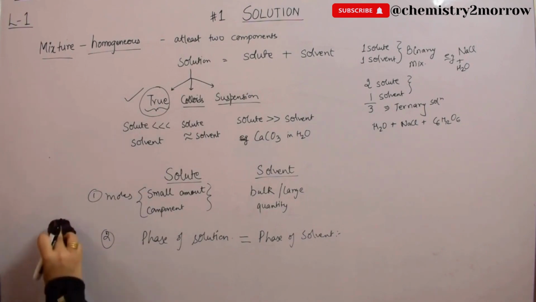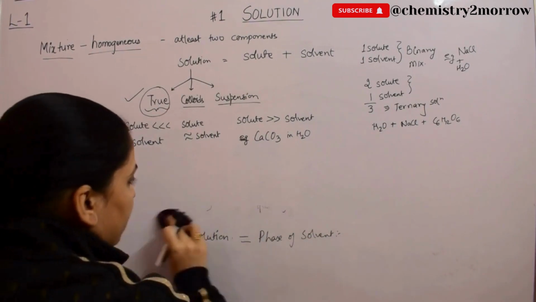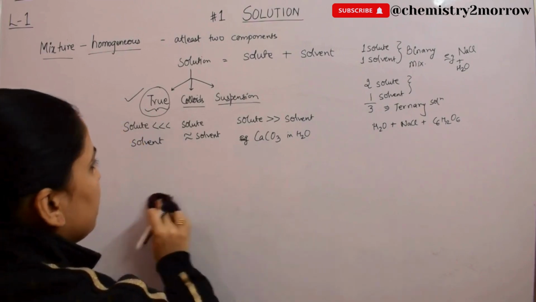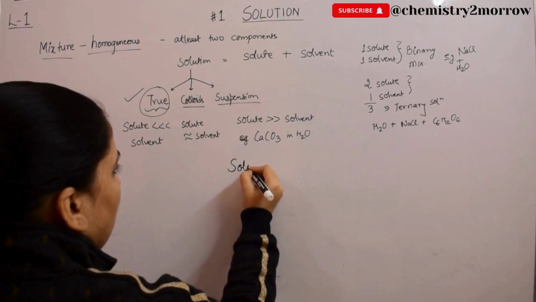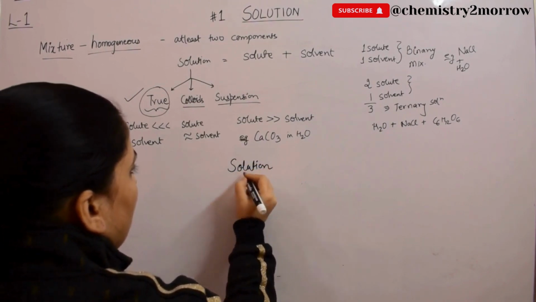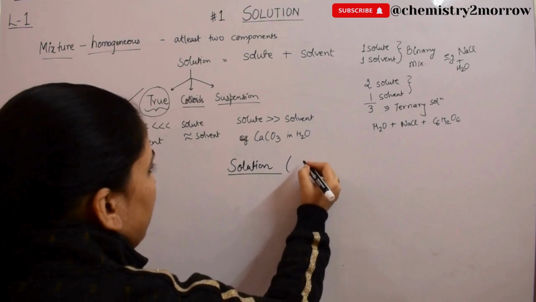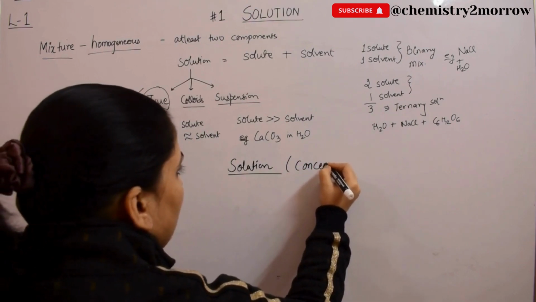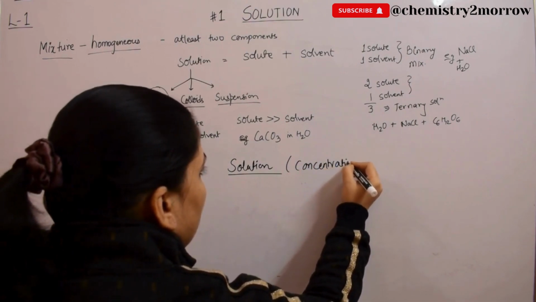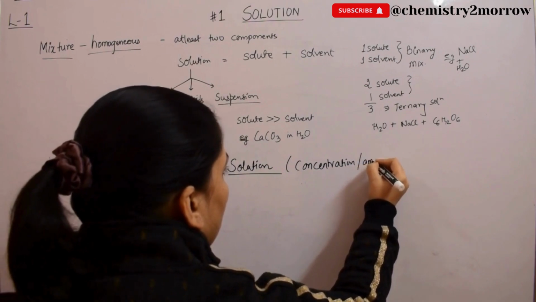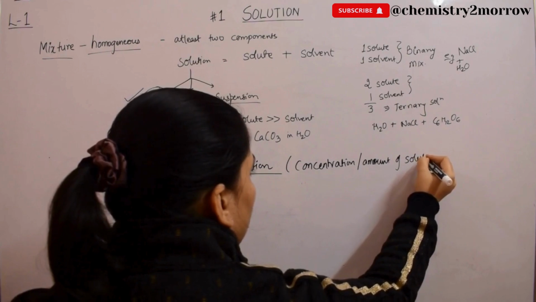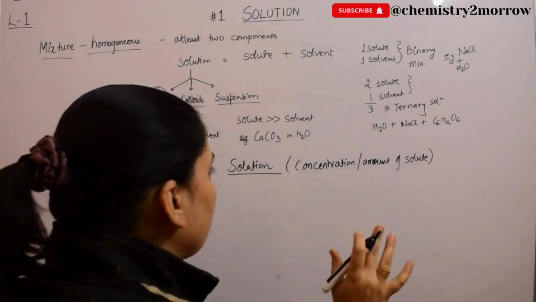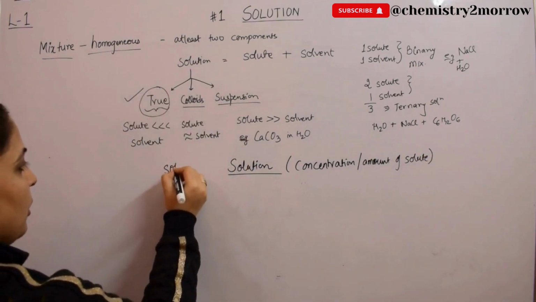Next comes an important factor and few definitions or terms that should be known about a solution. A solution can be classified depending on the concentration or the amount of solute. So here we are talking about solubles.